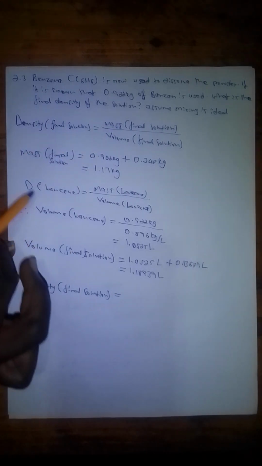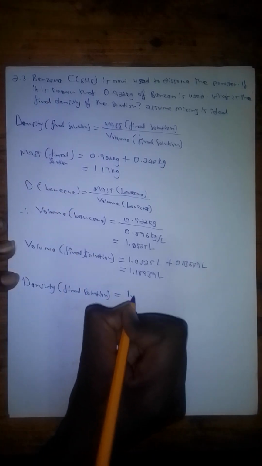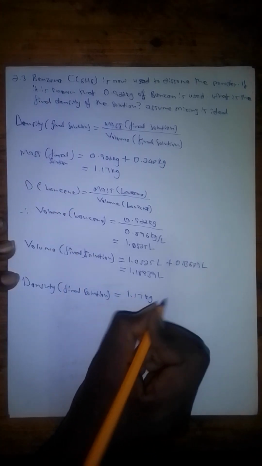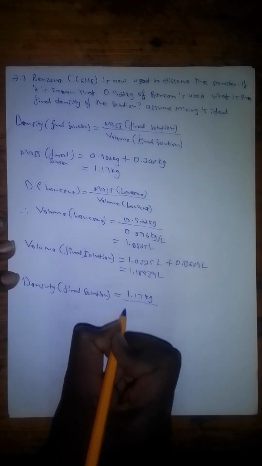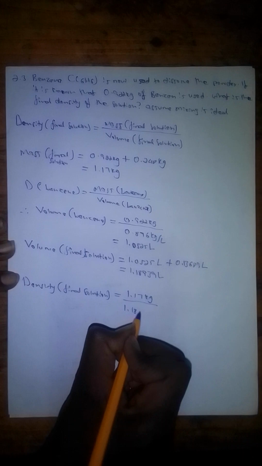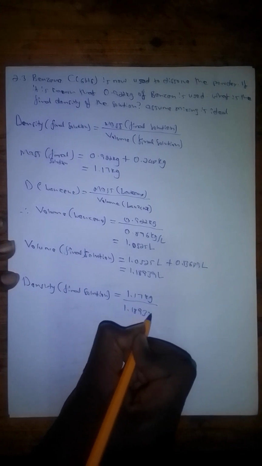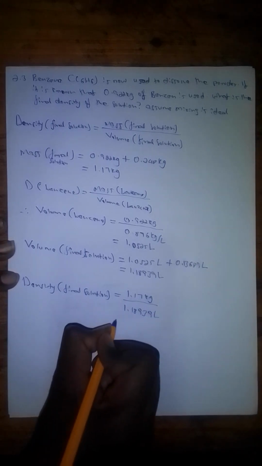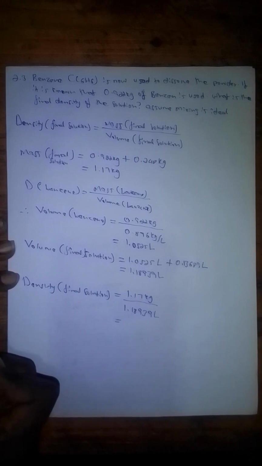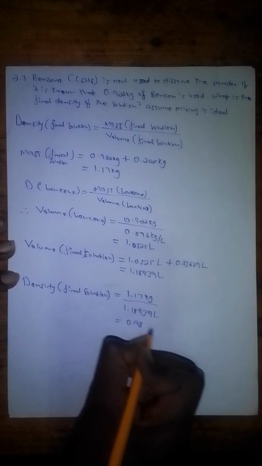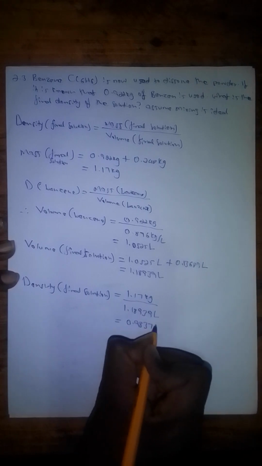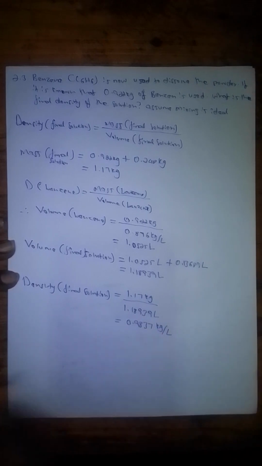We calculated the mass of the final solution to be 1.17 kilograms, all over the volume of the final solution, which is 1.18939 liters. And if you use your calculator, that will give you 0.9837 kilograms per liter. So that is basically our question 2.3.